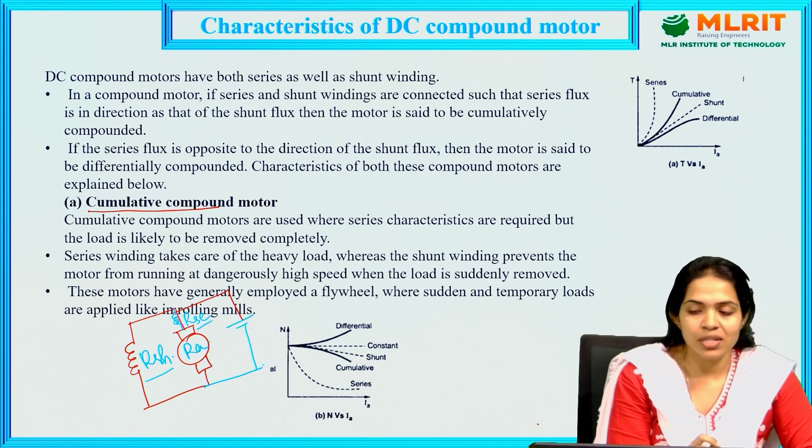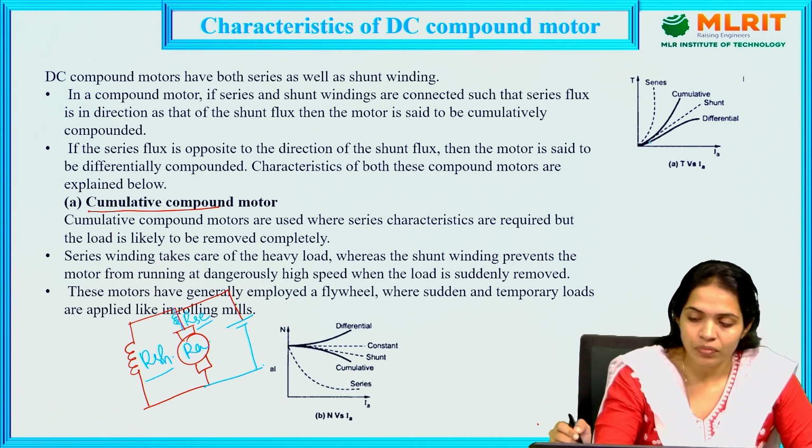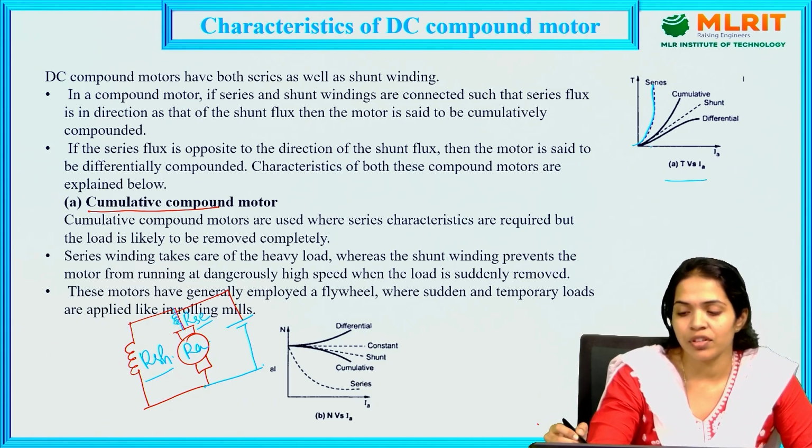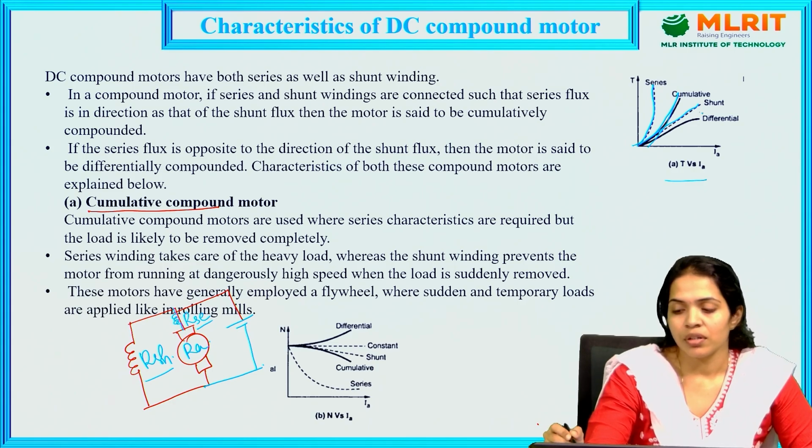So when we see the characteristics of torque versus armature current, for the series motor it is like this, and for the shunt motor, it is a linear graph. For cumulative, as the fluxes are aiding each other, the curve for the cumulative compound motor lies above the shunt motor curve.